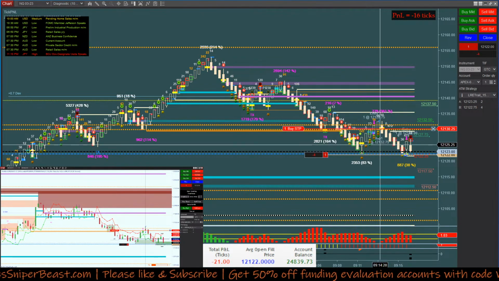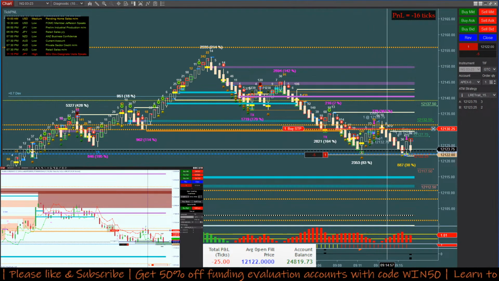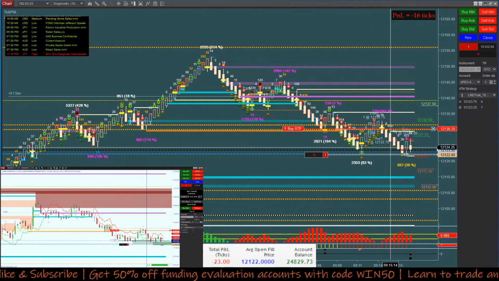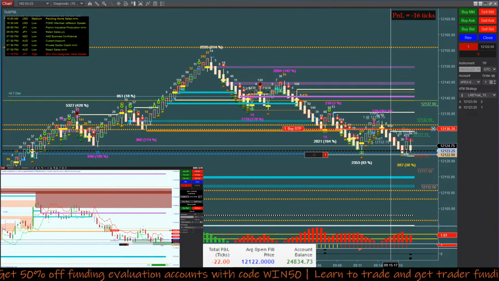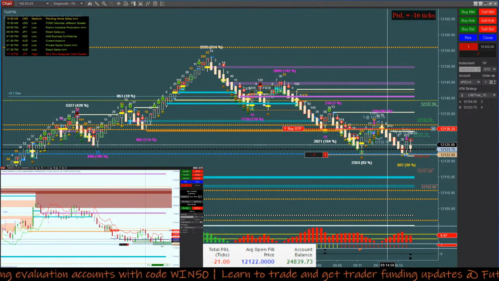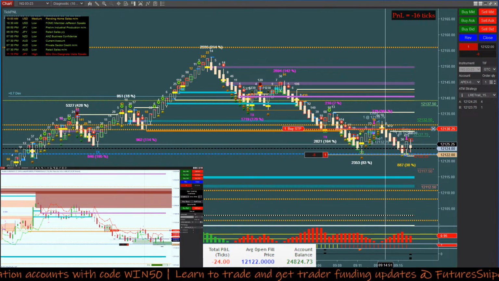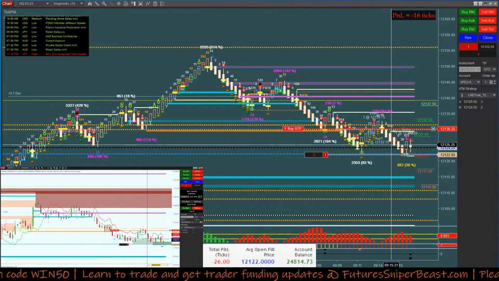Just hope it doesn't start chopping on me. It gave the entry right under that wall, and then it laid that cluster and mini magnet on it. So I hope that doesn't hold up. It might, though.